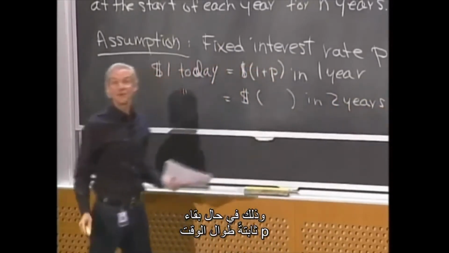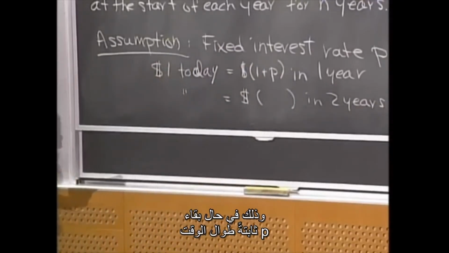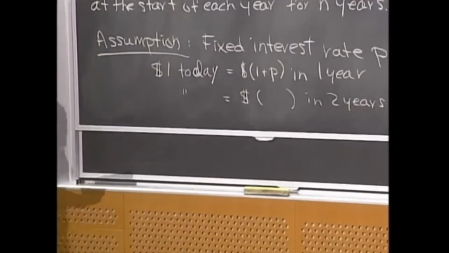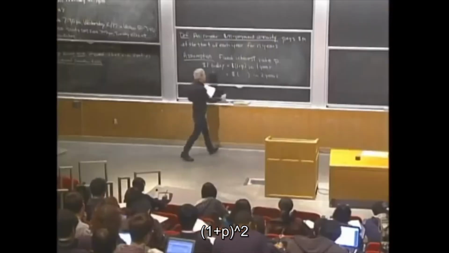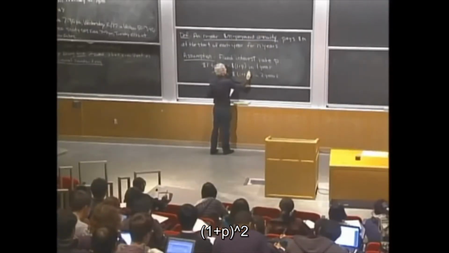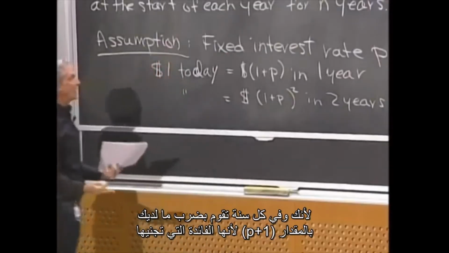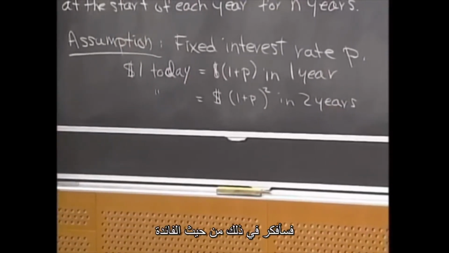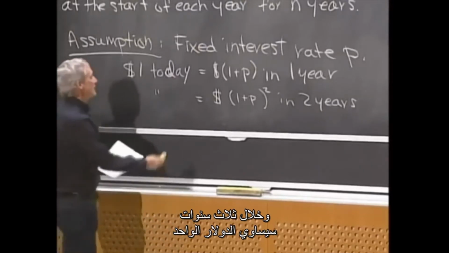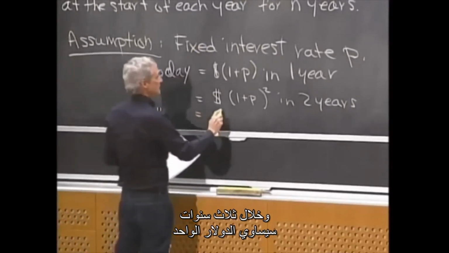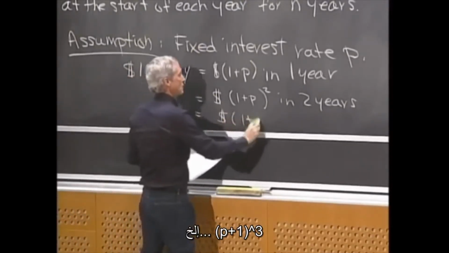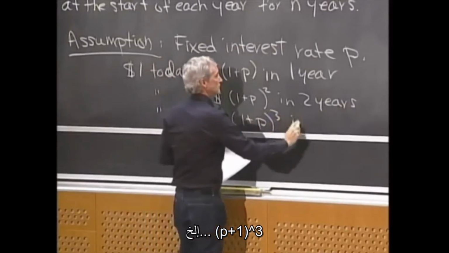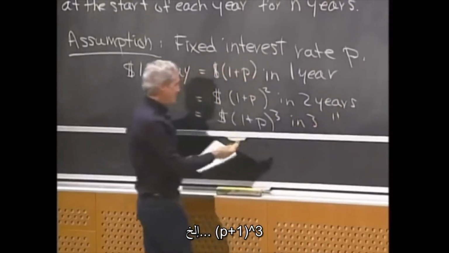Say that P stays fixed, same over all time. 1 plus P squared. Because every year you multiply what you got by 1 plus P, because that's the interest you're getting. All right, we'll think of it in terms of interest. In 3 years, $1 today is worth 1 plus P cubed, and so forth.